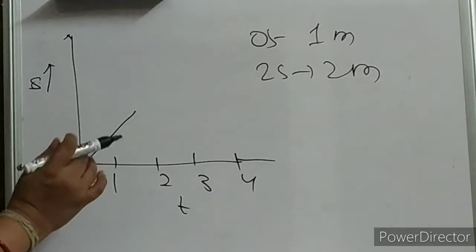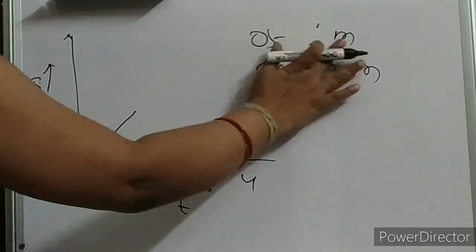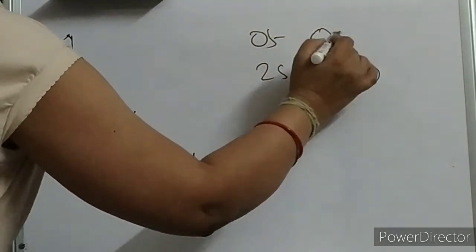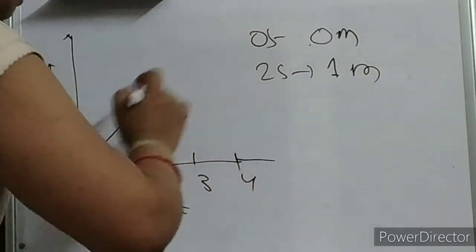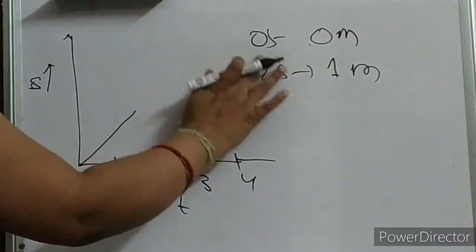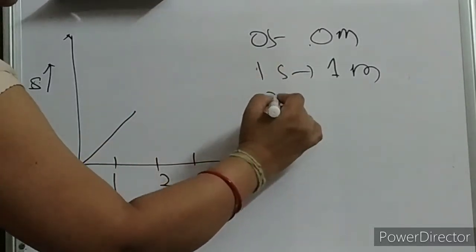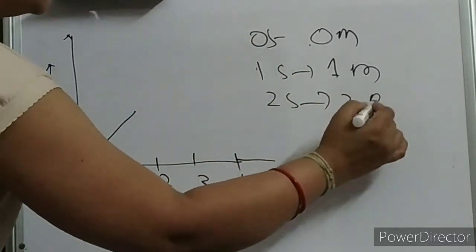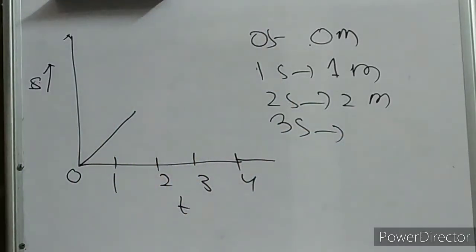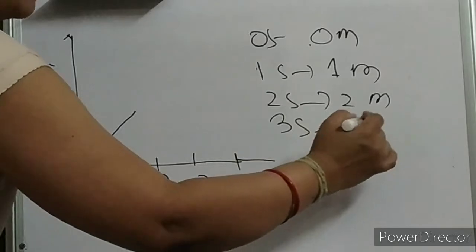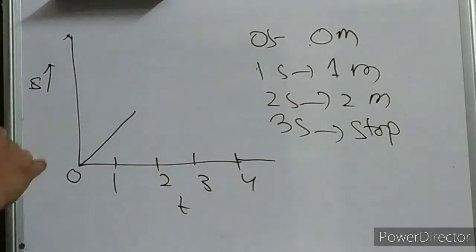Let it be 0 meter at 0 seconds. In 1 second it is 1 meter. In 2 second it is 2 meter. In 3 second the body has stopped traveling. The body has stopped traveling. How to draw the graph?